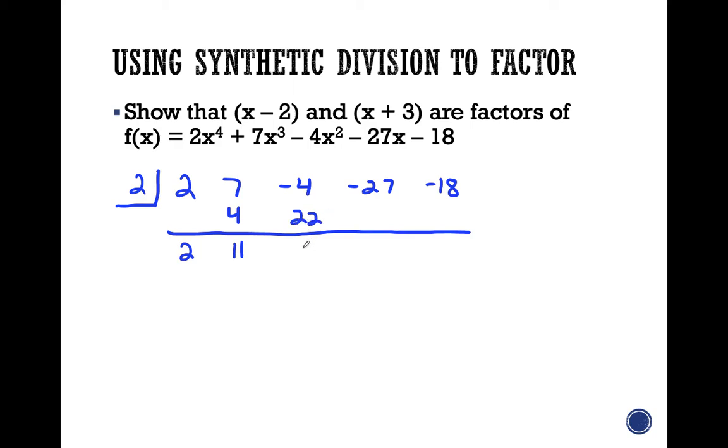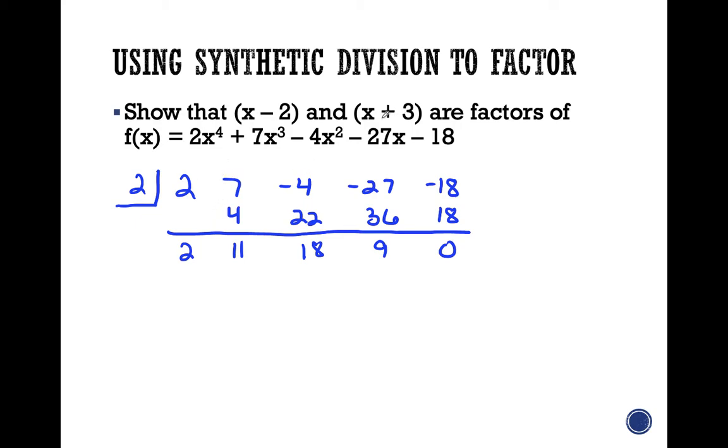I go ahead and add, get 18. 18 times 2, 36. 36 minus 27 gives us a positive 9. 9 times 2 is a positive 18. And we end up with a remainder of 0. All right? So we have just shown that x minus 2 is a factor.